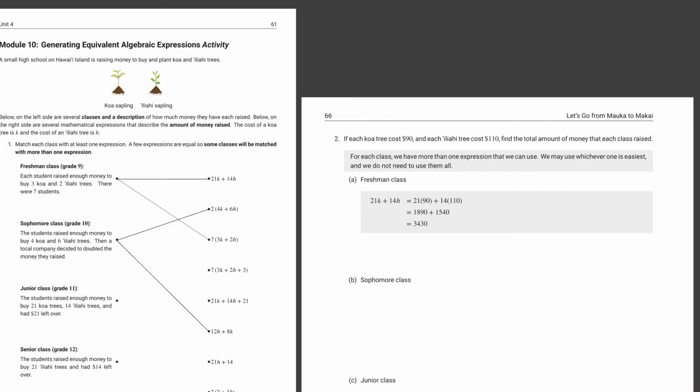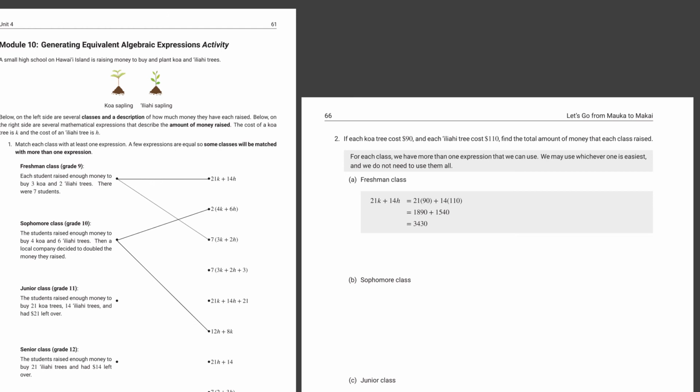As we previously read, each koa tree costs $90, so K is 90. Each iliahi tree costs $110, so H is 110. Because K is 90, we can replace K with 90, and because H is 110, we can replace H with 110. When we do that, we end up finding that the freshman class raised $3,430.